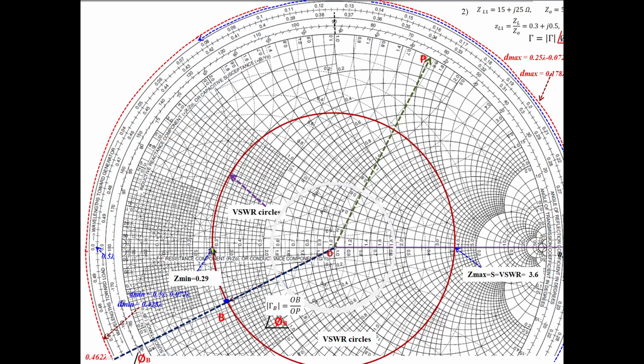We cross the left side horizontal line here, and there we observe the minimum impedance. Z minimum is 0.29 in this case, and afterwards we go to Z maxima. So Z maxima appears after the Z minima from the load.